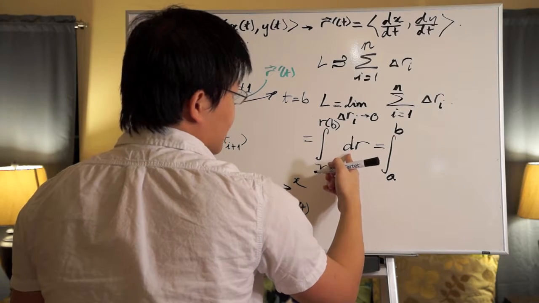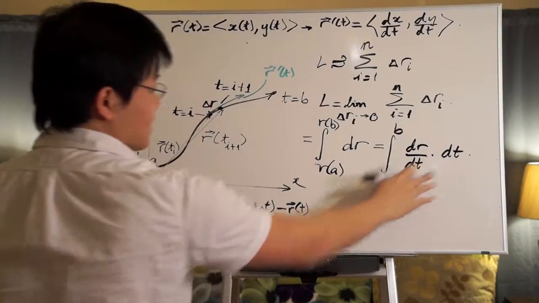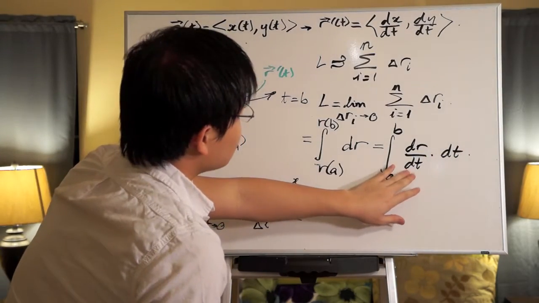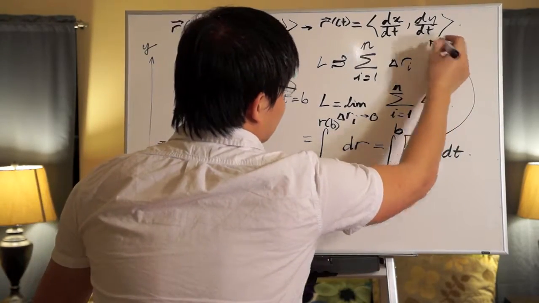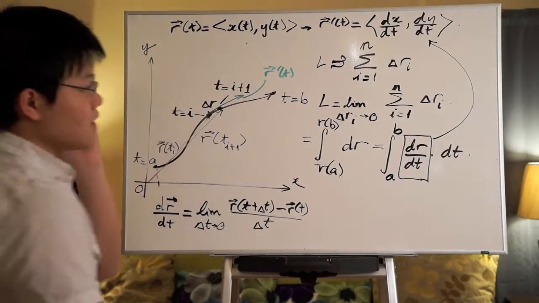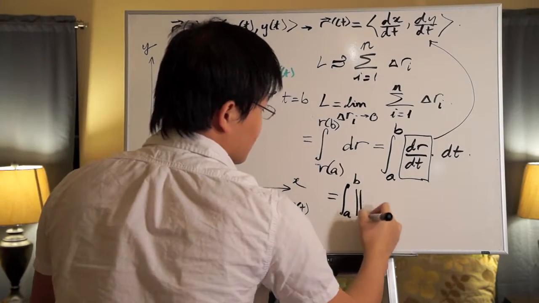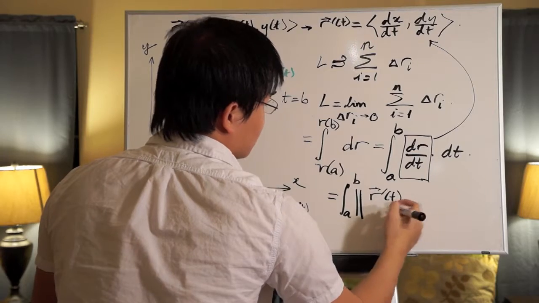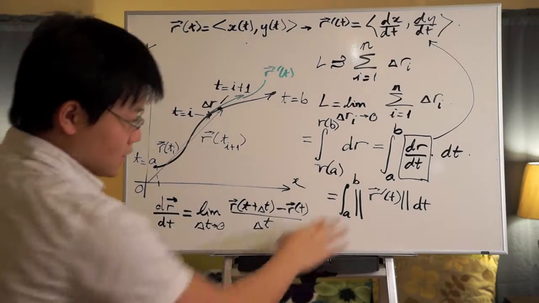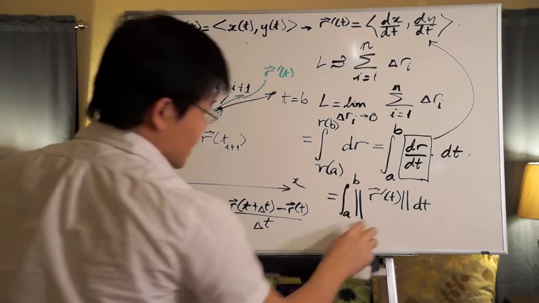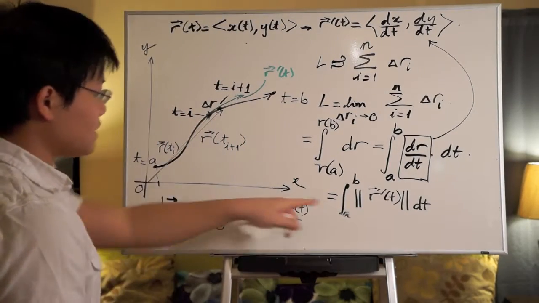So you can put this as dr/dt times dt. It's in terms of dt. Now this becomes a scalar; this is just a scalar of that thing. So it equals the integral from a to b of the magnitude of r prime t dt. This notation means the scalar, and you can just transfer that to this one.